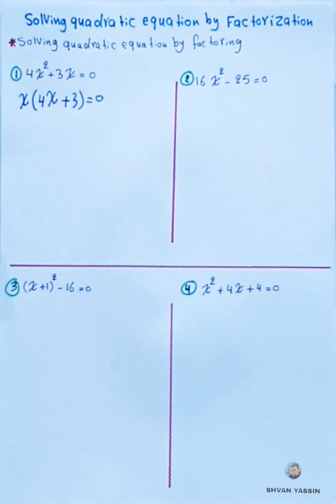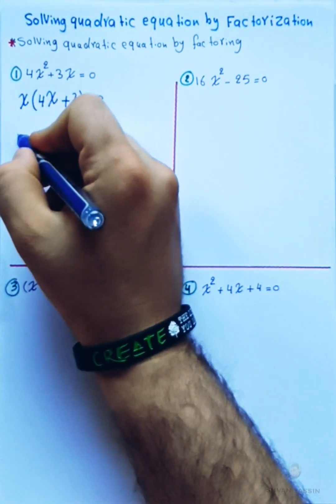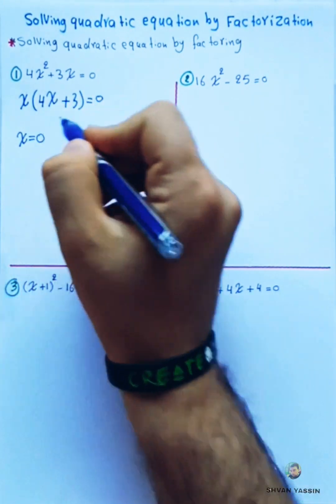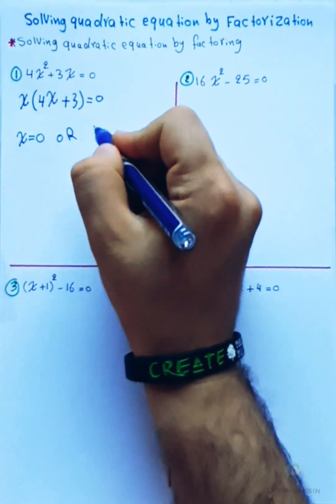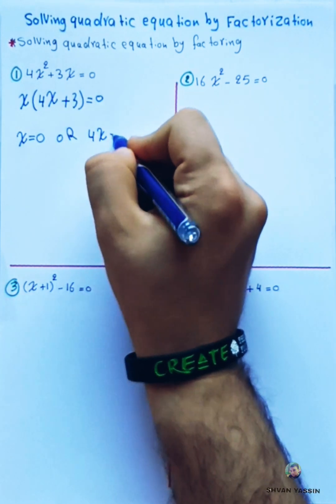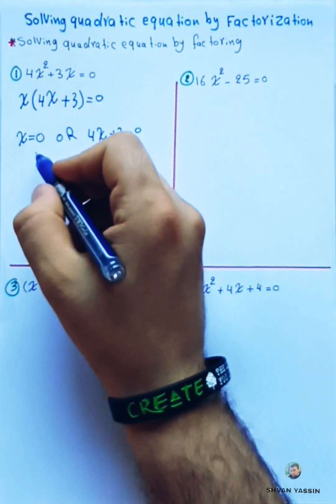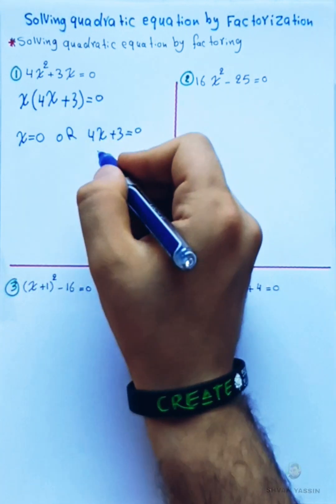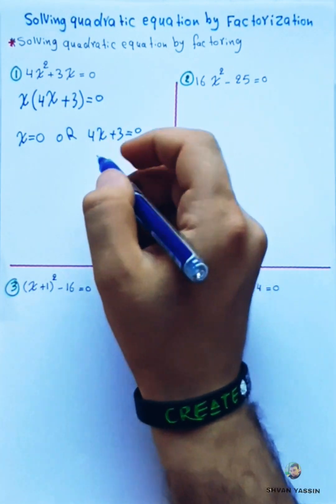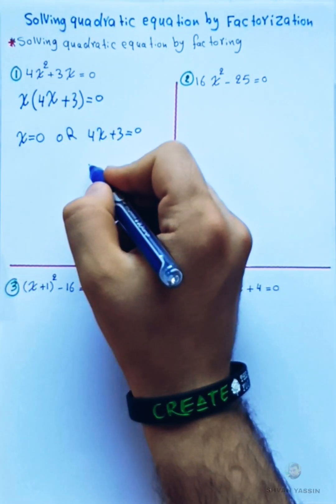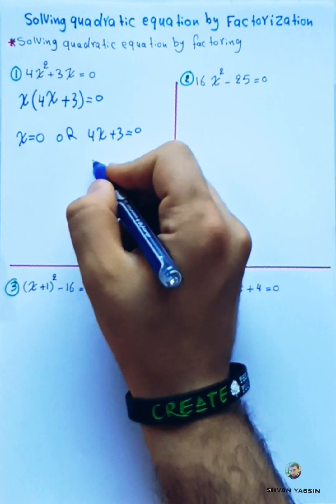And then we have to set each expression equal to 0 and find the value of x. So x is equal to 0, or 4x plus 3 equals 0. The first value for x is 0, and for the second you have to solve this equation.